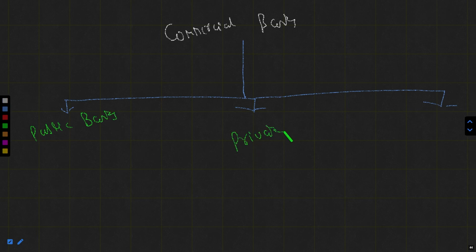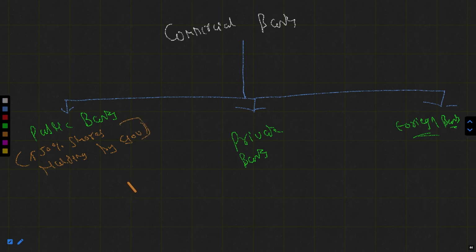The second format is the private banks. The third format is the foreign banks. The public banks are those banks in which more than 50% shares are held by the government. It means that their ownership is vested with the government.